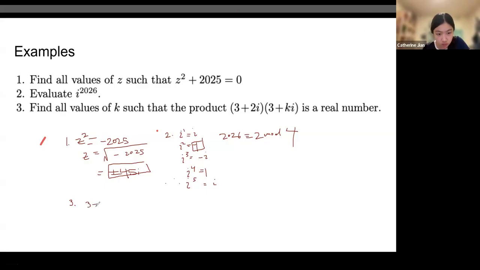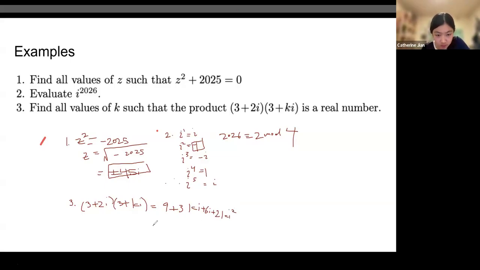So 3 plus 2i times 3 plus ki. Expanding this, we get 9 plus 3ki plus 6i, and then plus 2ki squared.